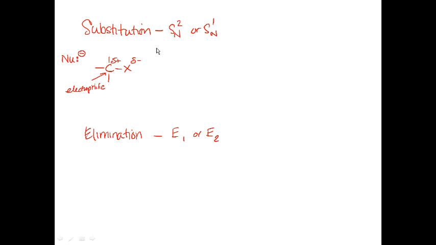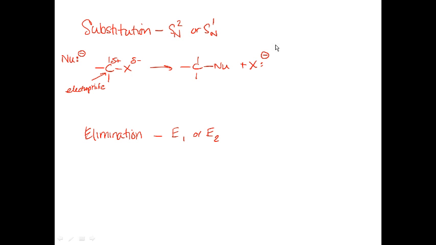So what will happen is that we'll do substitution. The nucleophile will replace the halogen in the reaction. So we'll substitute the halogen for the nucleophile in this substitution reaction. Now this substitution reaction can occur by one of two mechanisms, and today we'll talk about the so-called SN2 mechanism. But the electrophile portion then is the carbon attached to the halogen.